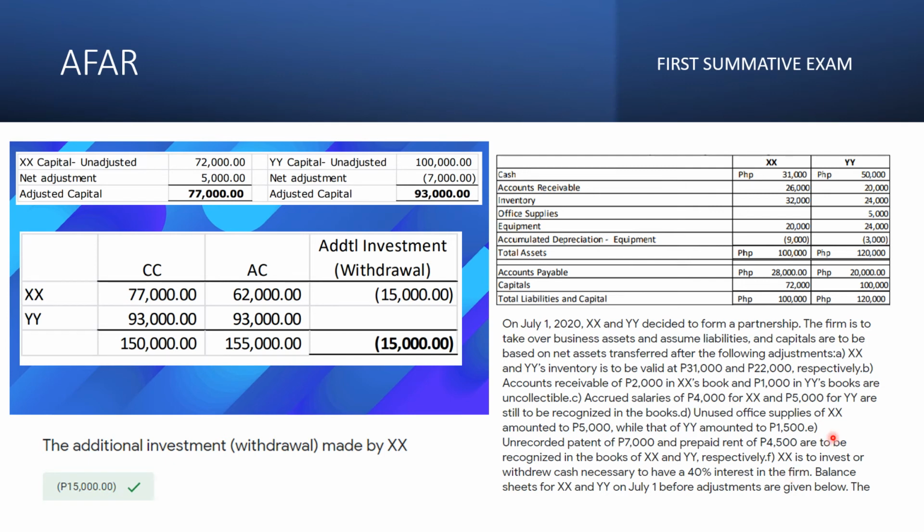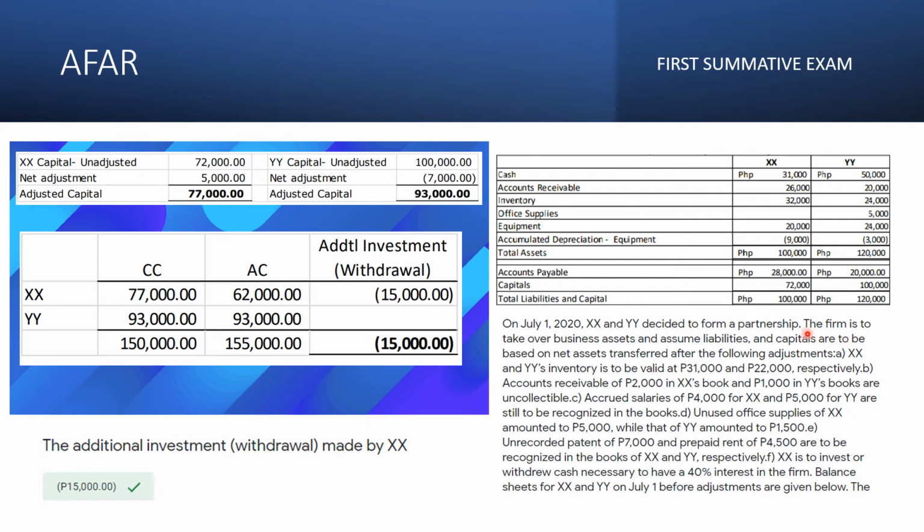The unadjusted capital balances are already given: 72,000 for X, 100,000 for Y. With the net adjustments of 5,000 net credit, the adjusted capital of XX is 77,000. For YY, 100,000 less the net debit of 7,000 gives an adjusted capital of 93,000.